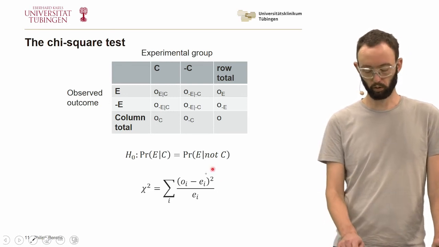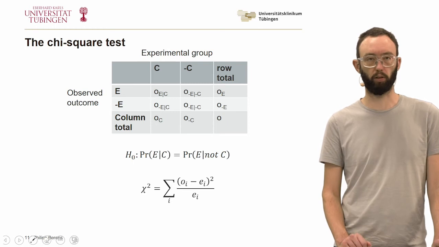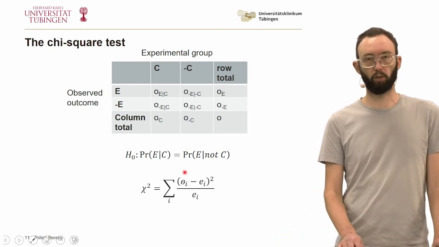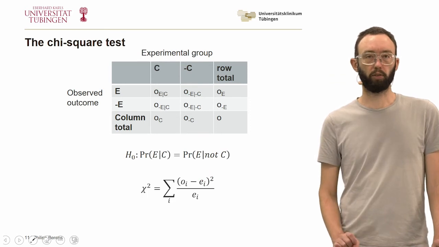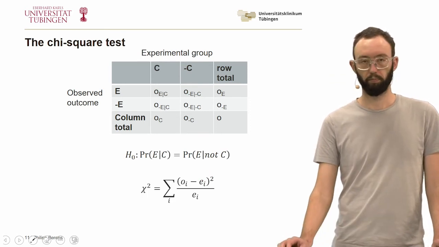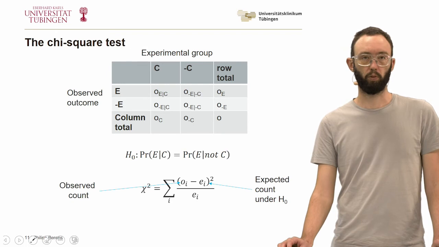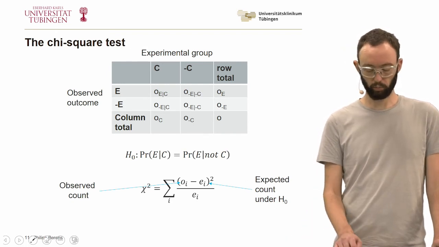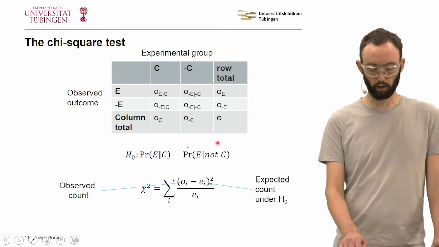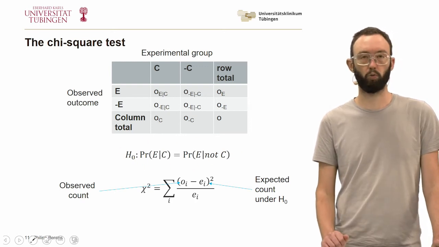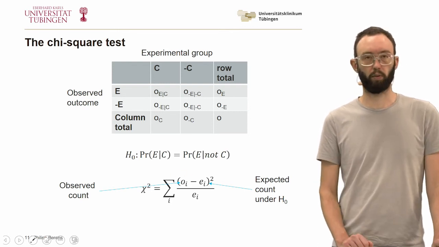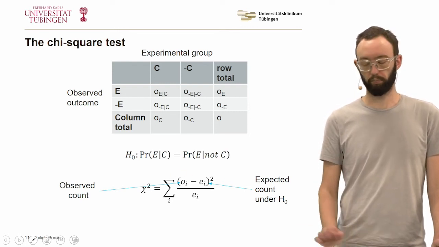That's squared, and divided by the expected count. It's important that these are not frequencies, but they are actual counts. So this is the expected count under the null hypothesis, so under the assumption that these two probabilities are the same. And this is the observed count that you find in the data.